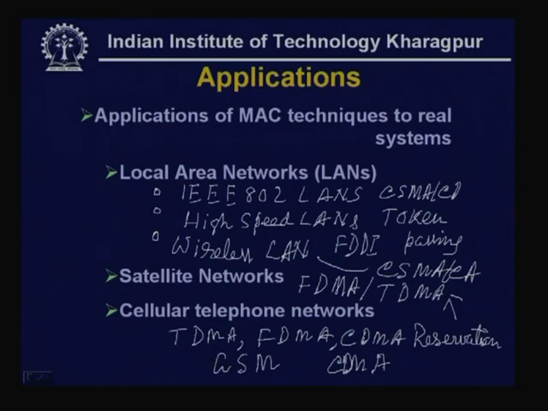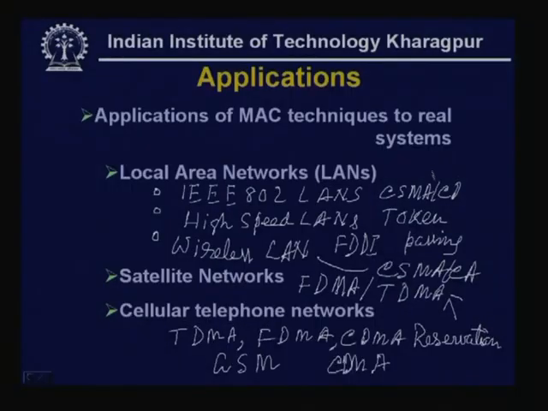We shall see how TDMA and FDMA are used, and also how CDMA is used in implementing cellular telephone networks. So, in the next 3 lectures we shall discuss the applications of these medium access control techniques, and we shall see how they are used.